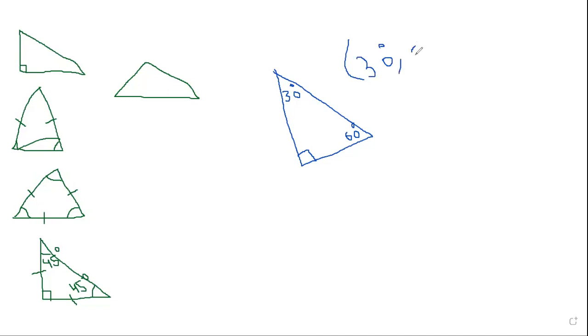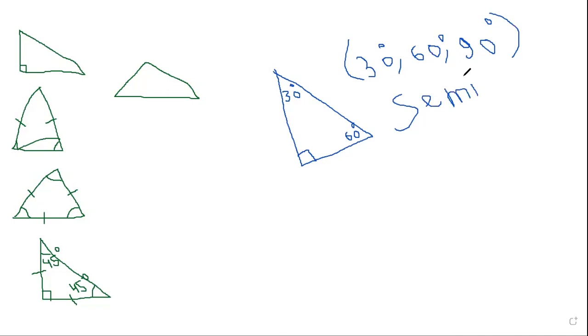So this triangle is called a semi-equilateral triangle. 30 degrees, 60 degrees, and 90 degrees. Please don't forget it. This triangle is called a semi-equilateral triangle. It's not a right triangle. It's not an equilateral triangle.